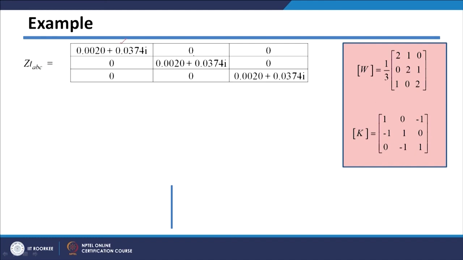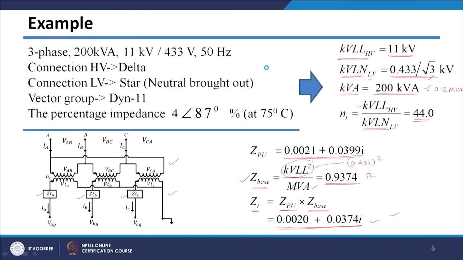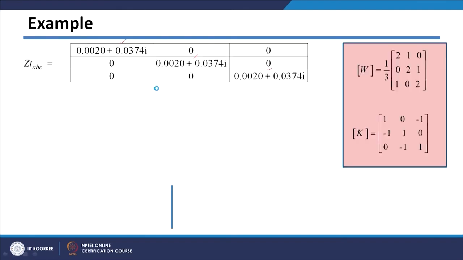So, the same impedances I am putting at those, and as we have derived the A parameter for the vector group which you have considered, that is DYG11, which is basically DYN11 here.